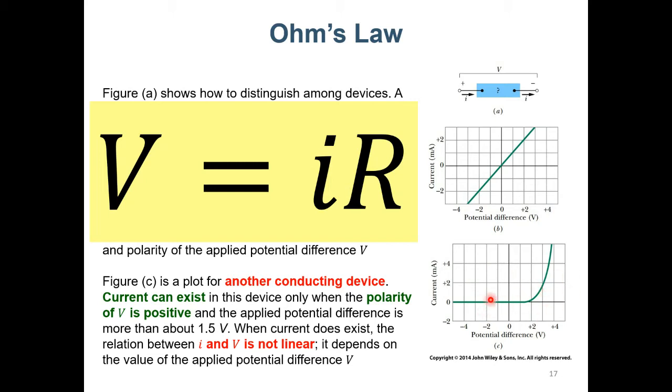So what is this one? Actually, it's a diode, I think. Maybe there are some diodes with other properties, because as you learn, a diode should have 0.7 volt. Yeah, 0.7 volt.